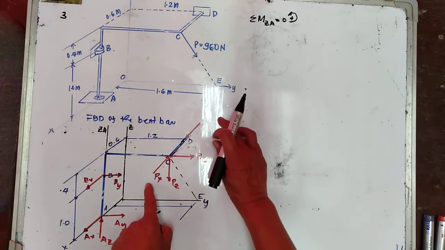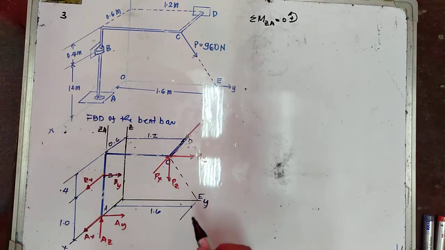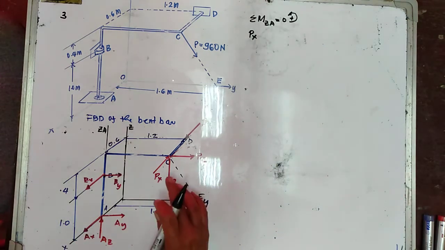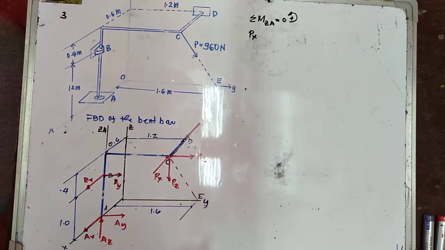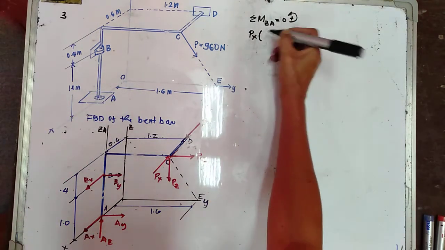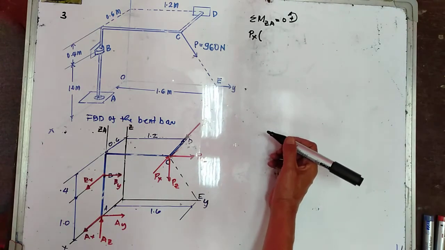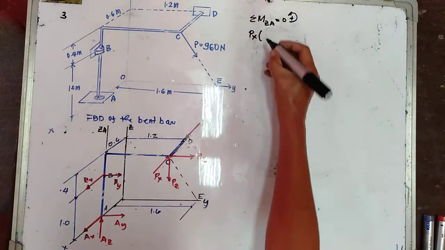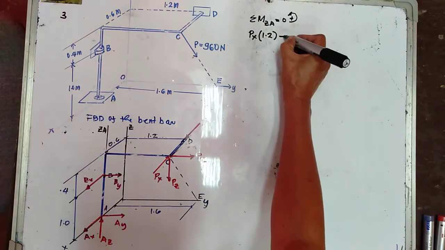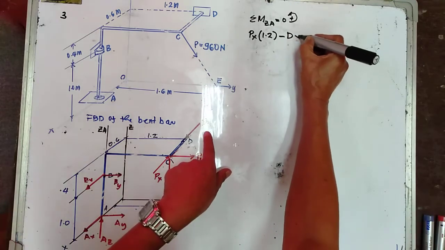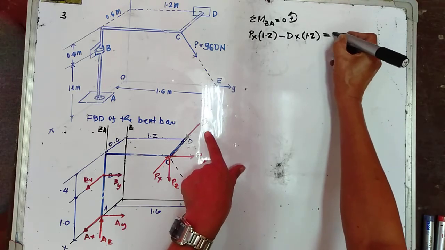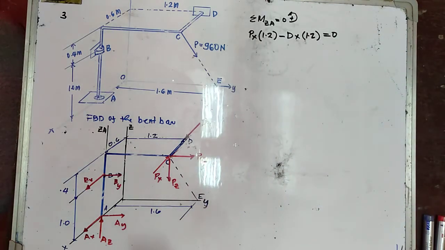So only PX and DX have moment about the Z axis. So your PX in here is going counterclockwise. Multiply this one by the moment arm, which is equal to 1.2, minus dx, and the moment arm is still equal to 1.2, and that one is equal to 0.